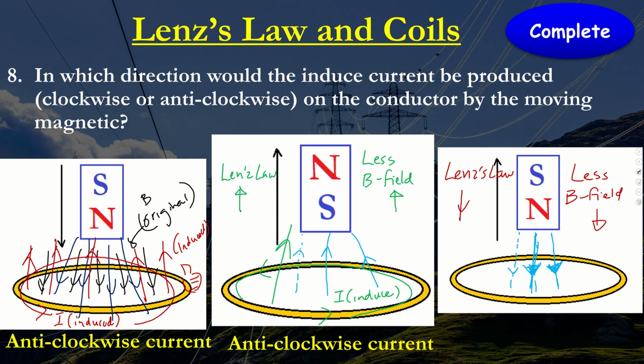Hence, I'm going to generate more field lines going into the page like this, or going down, sorry. And if I use my right thumb pointing downwards, my fingers are curling in the clockwise direction. Hence, the induced current is going to go clockwise. That's how you do that one.